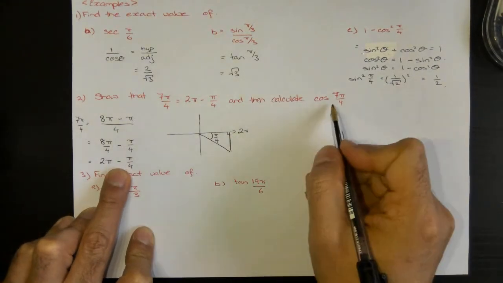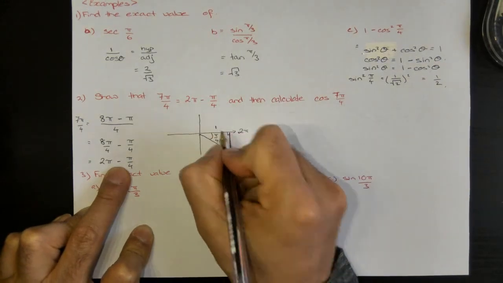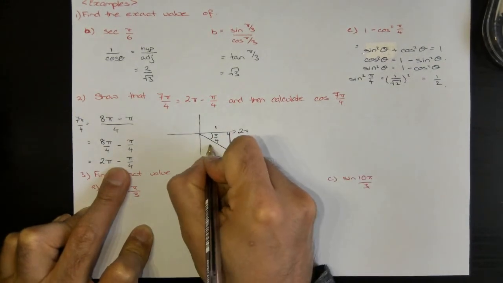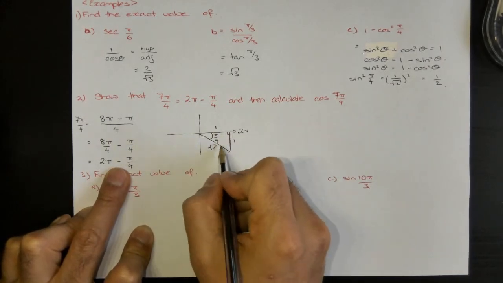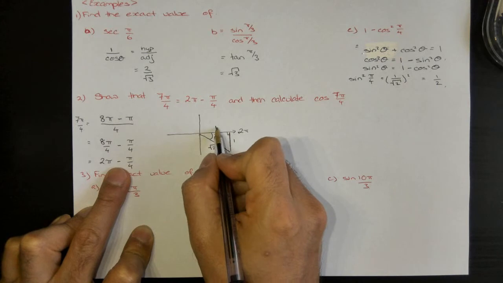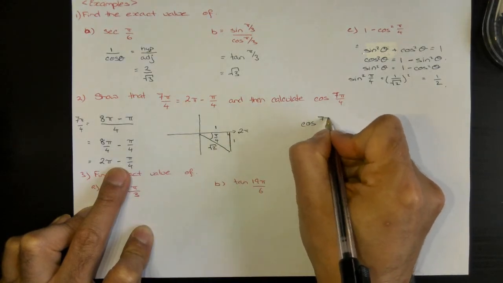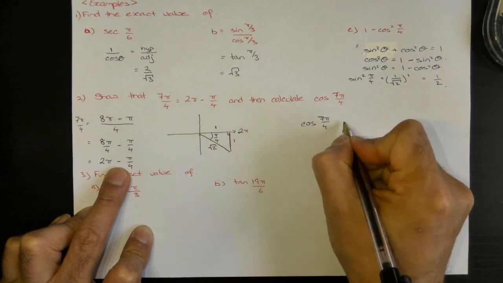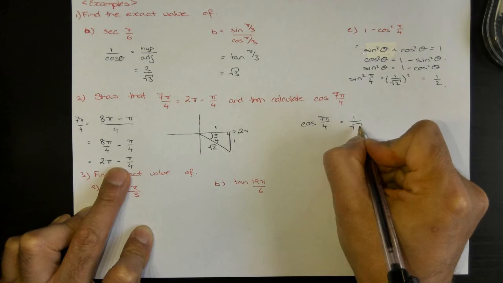If I want to figure out cos, 1 unit, square root 2. Cos is positive in this quadrant, and so I want adjacent over hypotenuse. So cos 7 pi on 4 is equal to 1 over square root 2.